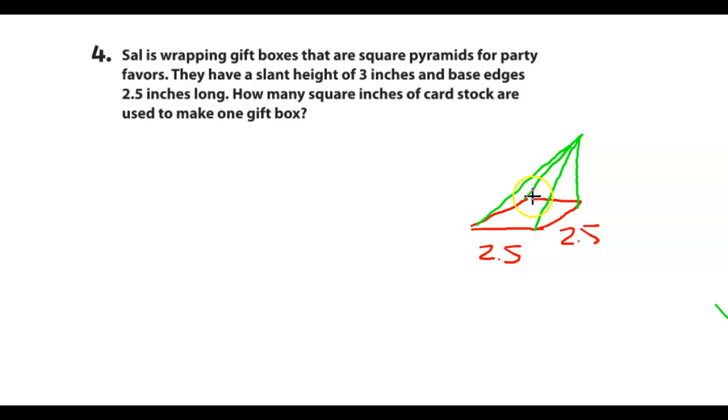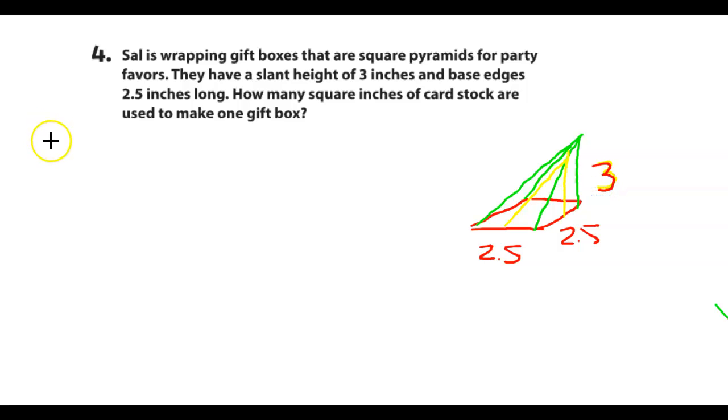So the slant height of this is 3. So if we're going to go right up this side here, or right up the middle there, that's going to be a 3. Okay, I don't know if you can see that or not. Let me go ahead and change that. That's going to be a 3.